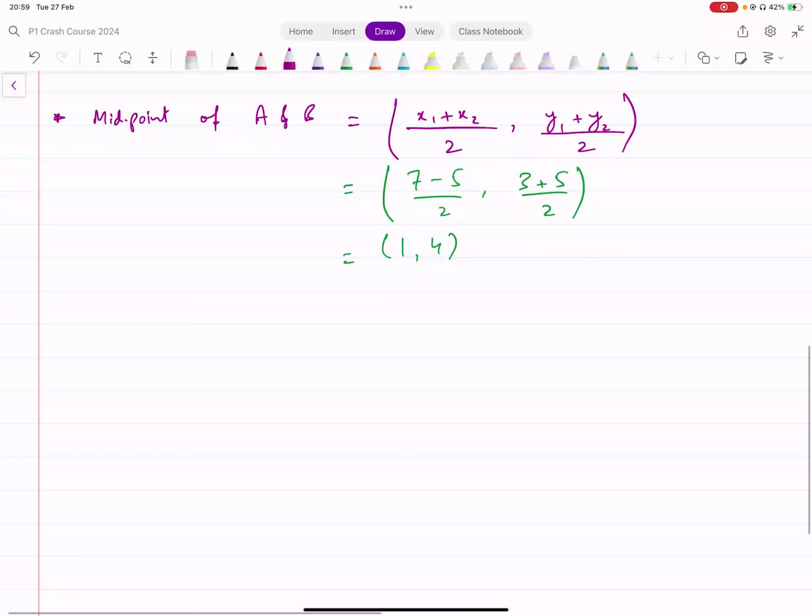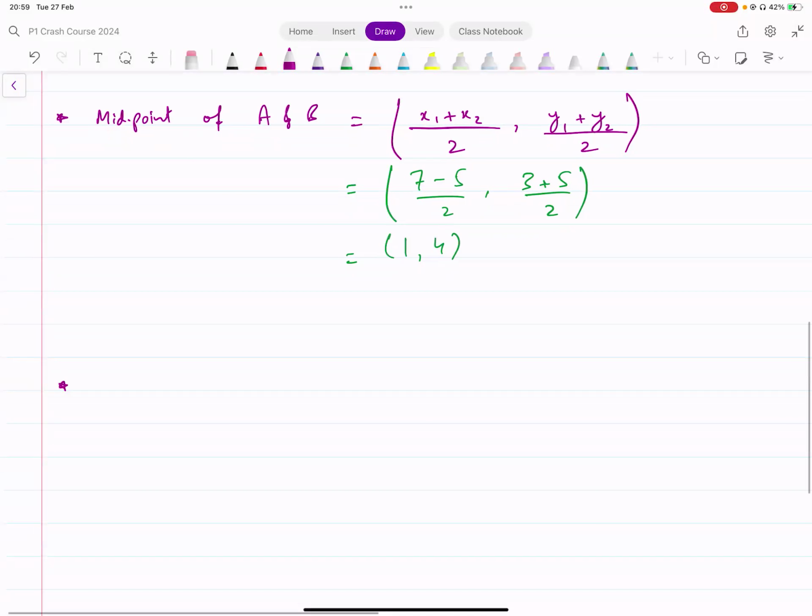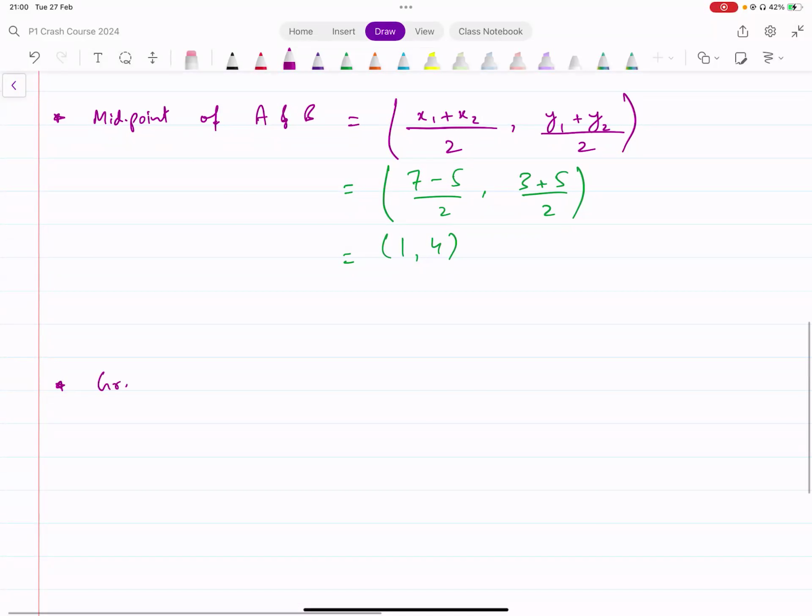Okay, next thing, gradient. We need to be able to find gradients of lines. So the gradient of the line AB, how would we do that? y2 minus y1 over x2 minus x1.